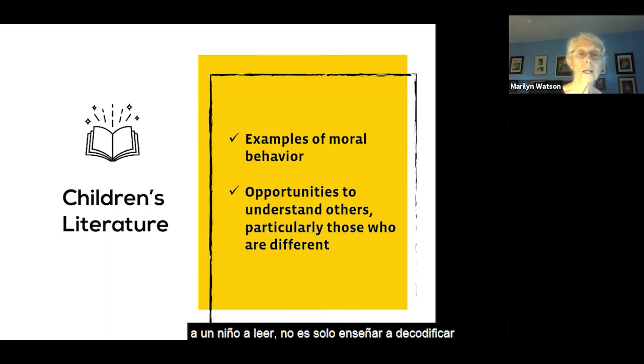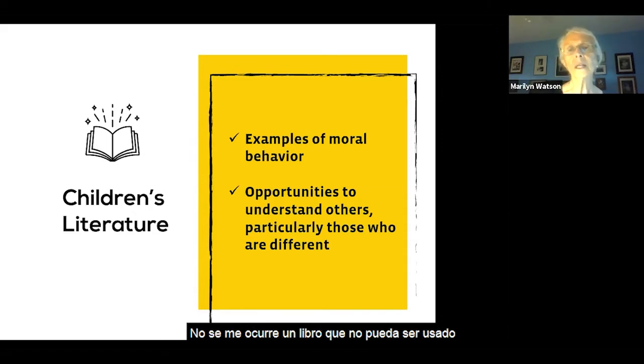And to say, teaching children reading is not just about teaching them to decode words in a book. It's teaching them to think about ideas, to think about what's happening. One of the things about children's literature is it provides many, many examples.